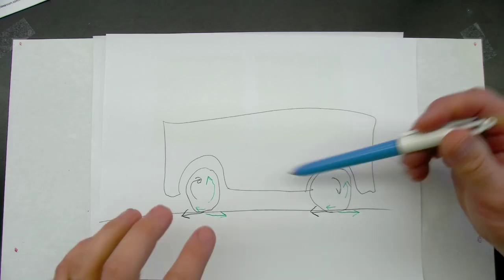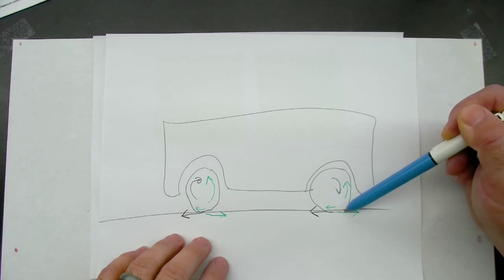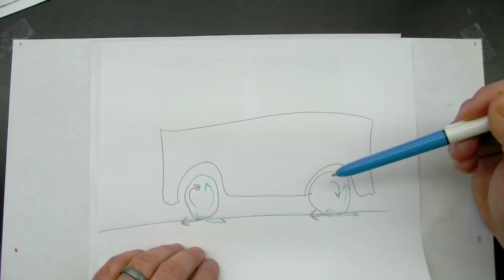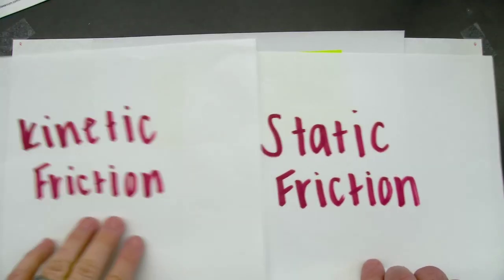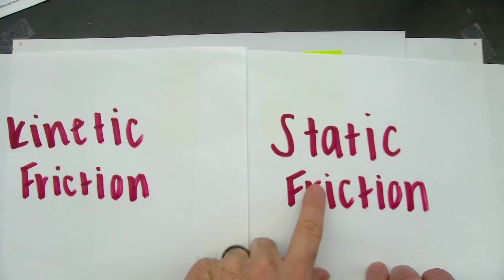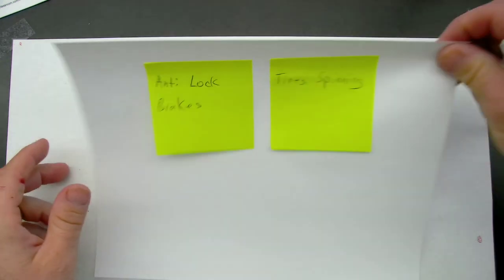What you're feeling is the brakes engaging, trying to slow it down, and as soon as it starts to skid, they start to roll again. And so anti-lock brakes are an absolute miracle that leverages the fact that static friction is greater than kinetic friction. It has saved countless lives, and they're very, very effective at stopping cars.